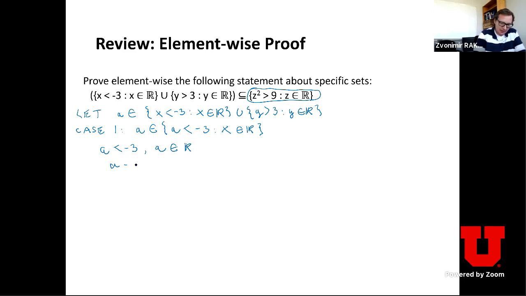a minus 3 is less than 0. And we also know that a plus 3 is also less than 0. So from that, we know that a minus 3 times a plus 3 is greater than 0, because we're multiplying two negative numbers.